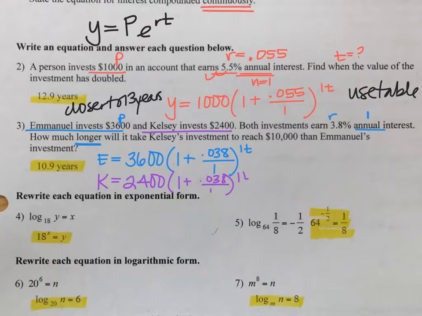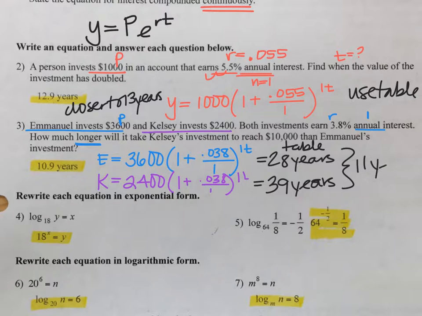The question is, how much longer is it going to take Kelsey to reach 10,000 than Emmanuel? We first figure out how long it will take each of them to reach 10,000, and for that, we use the table. Emmanuel's is around 28 years and Kelsey's is around 39 years. So this is more like 11 years longer. They're saying 10.9. Don't worry about the rounding. If you have 11 years, that'll be correct.